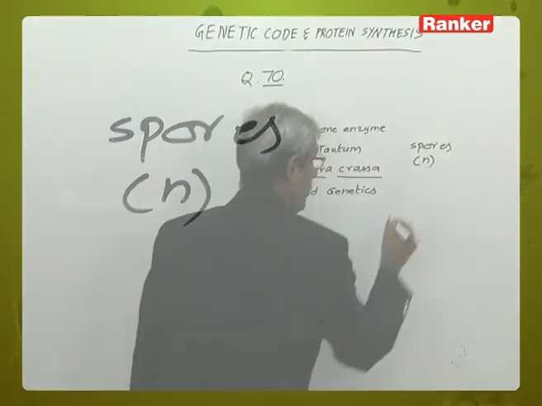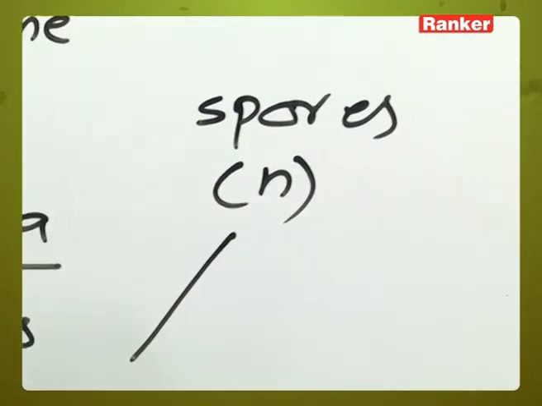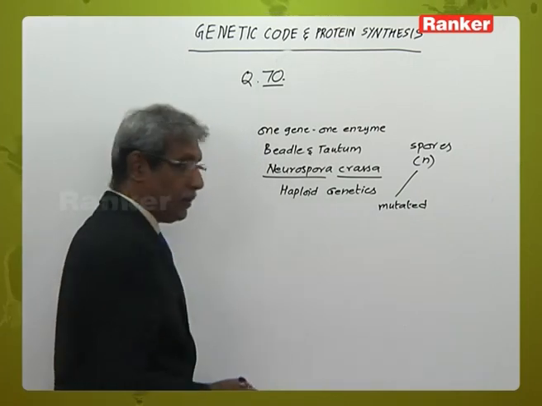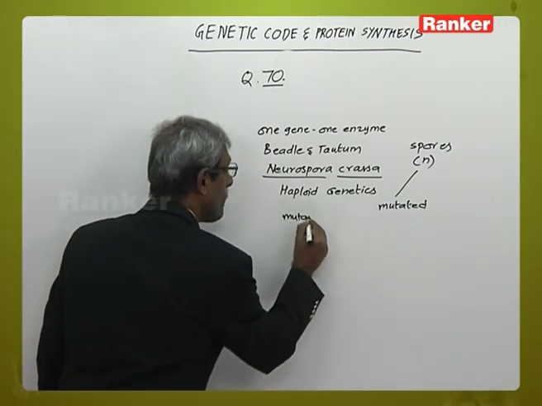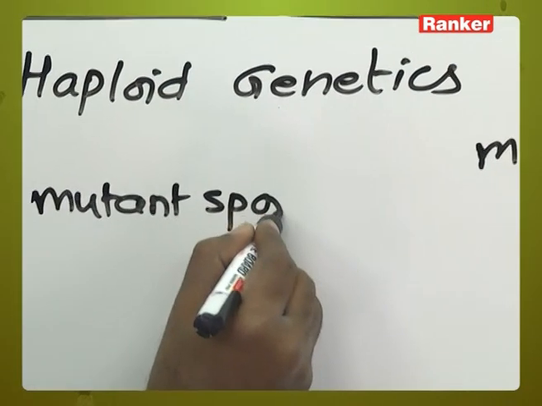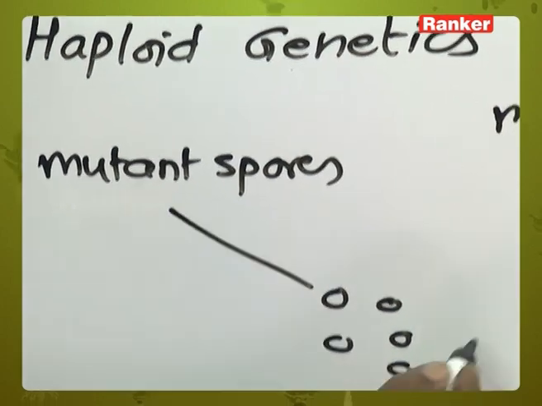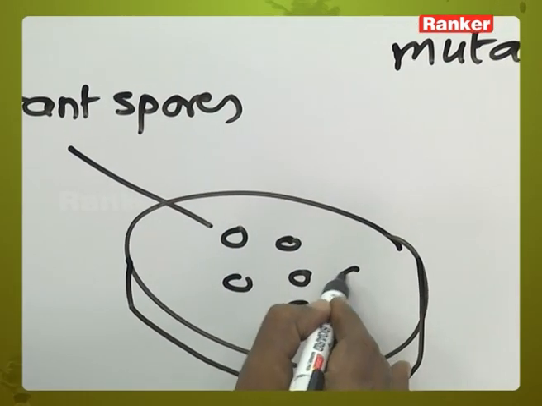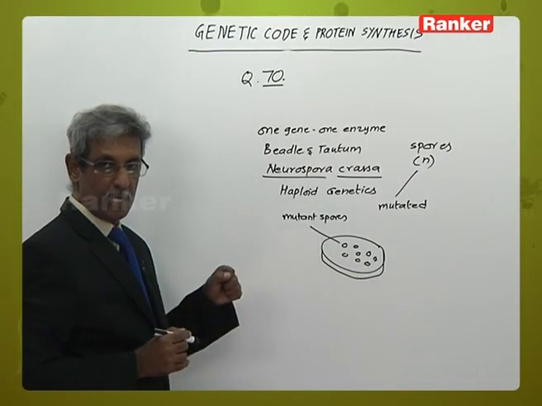The spores are haploid in number and the spores could be mutated. So, you can have the mutant spores grown in a petri dish.